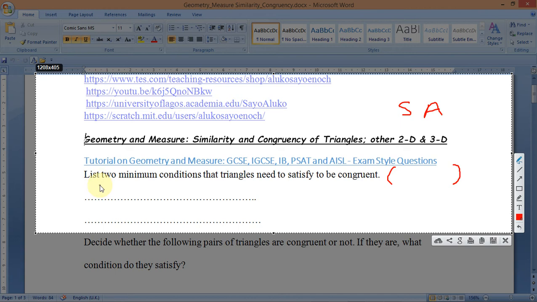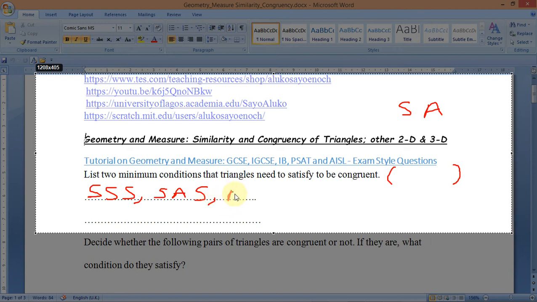The first one, SSS: it is satisfied if the corresponding sides are the same. Then we can also have side angle side, that is SAS, where the included angle is in between the 2 given sides. Then we can also have AAS, angle angle side.